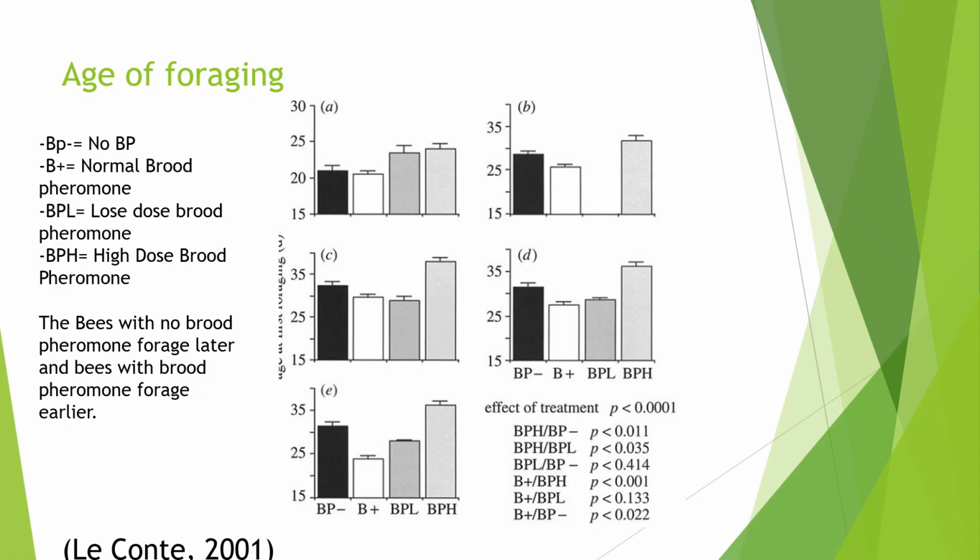You can see that the BPH is when the honeybees are given a high dose of brood pheromone. So as you can see, with more brood pheromone, they forage a lot earlier in development, rather than a bee with no brood pheromone, which is going to forage much later in development.